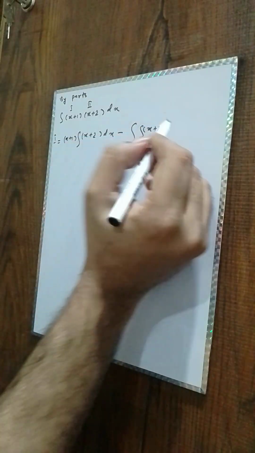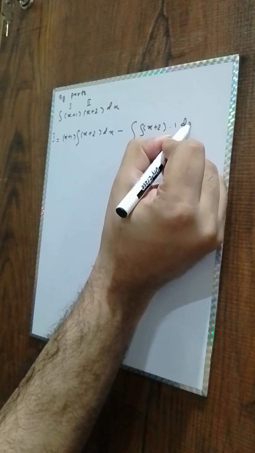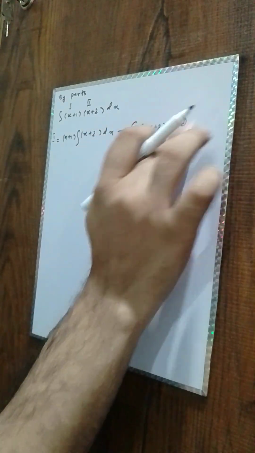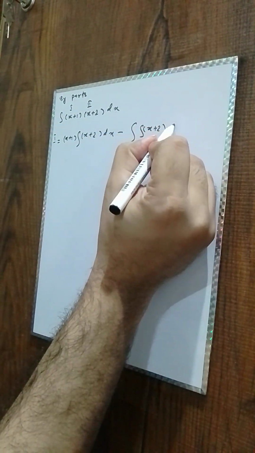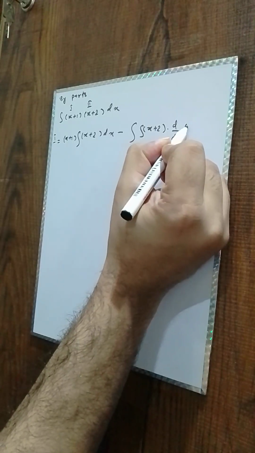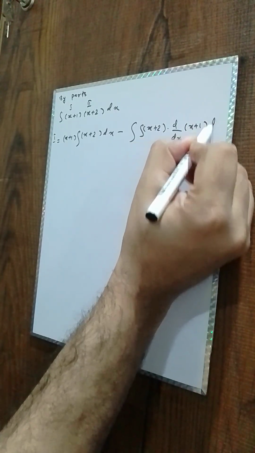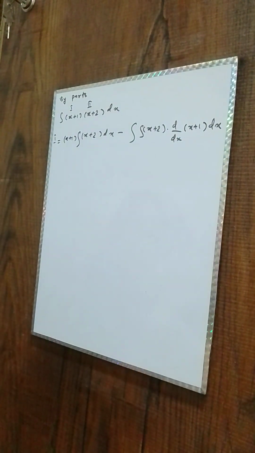So dy by dx for x plus 1 would be 1 and then dx. So we can ignore this, and let's just do it properly. d by dx of x plus 1 dx, dx cancels out, and d by dx of x plus 1 gives us 1.